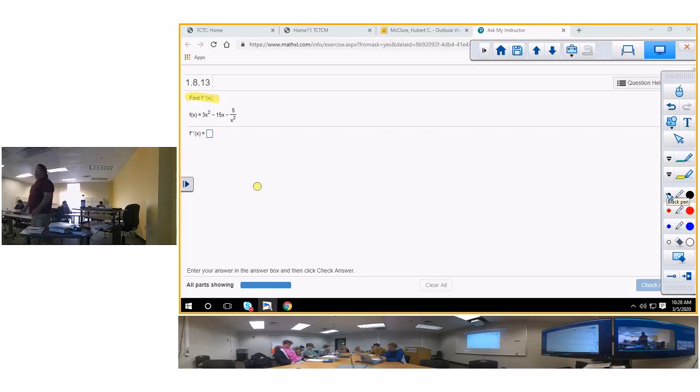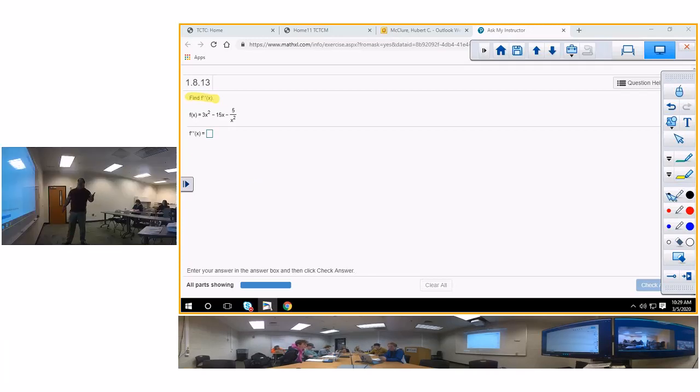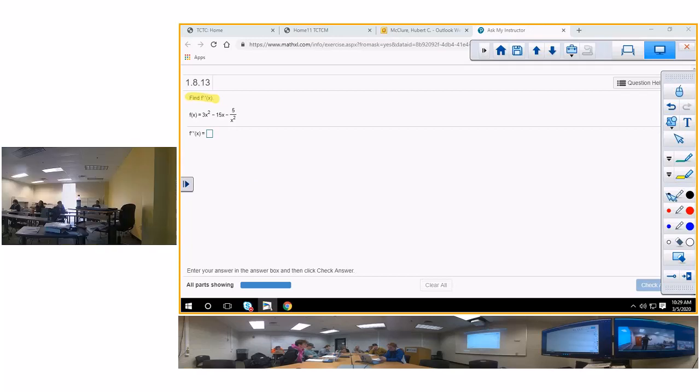So let's take the derivative twice. F double prime means that you're taking the second derivative. Now this is going to be very important with your business calculus, because when you get into 230, you're going to be taking the first and second derivative a good bit. Just like in engineering calculus, you take the first derivative and the second derivative for velocity and acceleration.